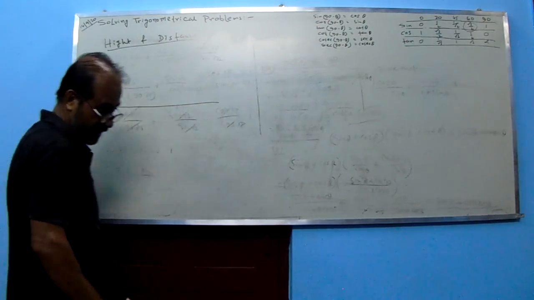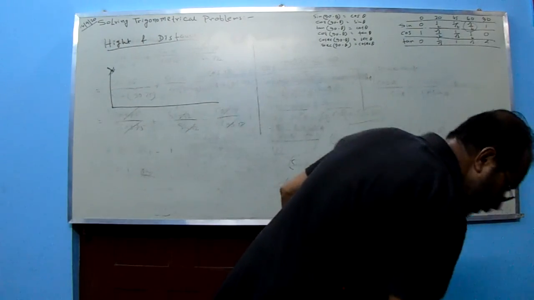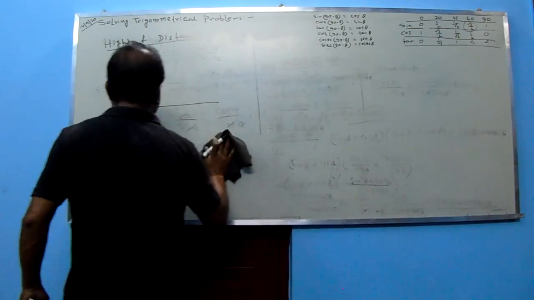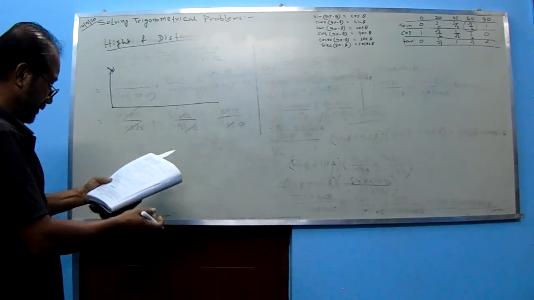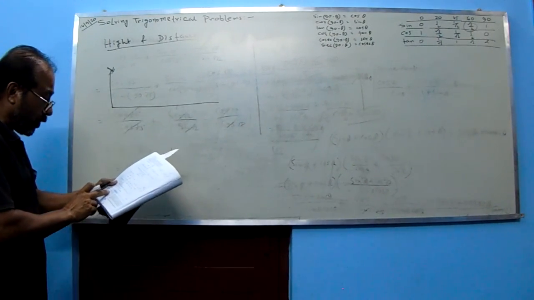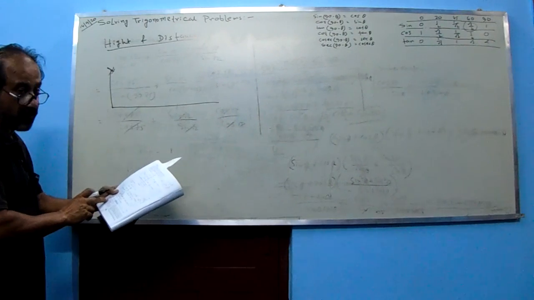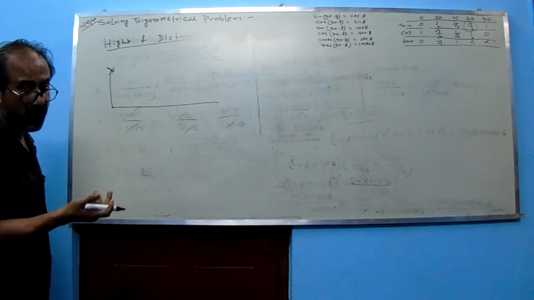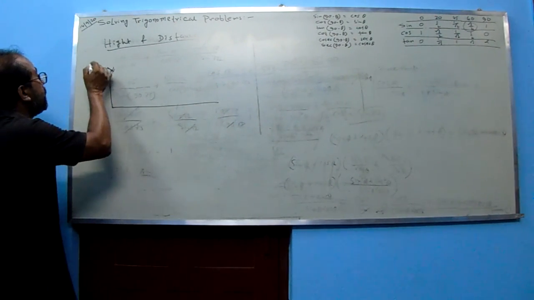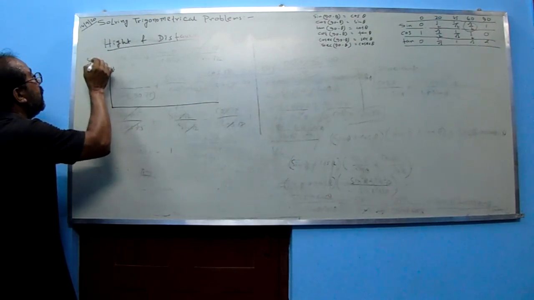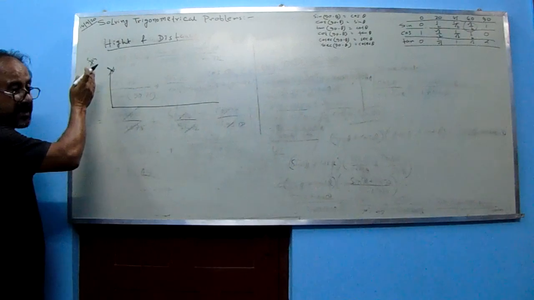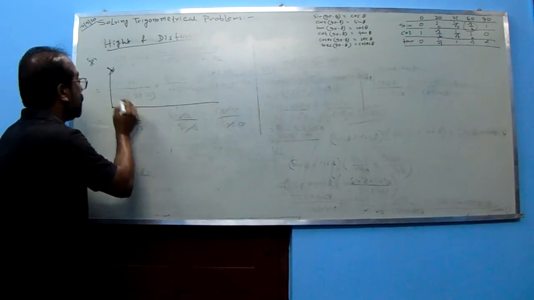This is your tree. The height of a tree is root 3 times the length of its shadow. Why is this shadow coming? Because the sun is behind the tree, so the shadow has to come.